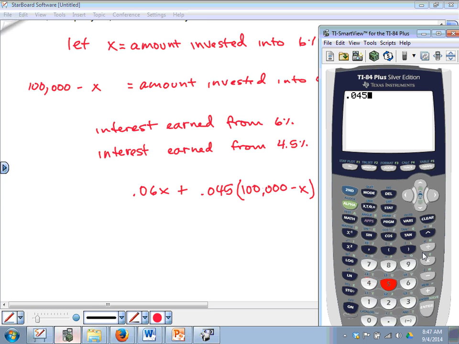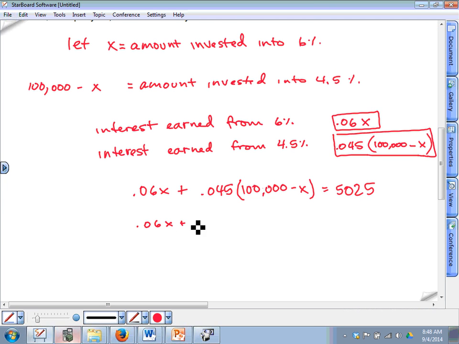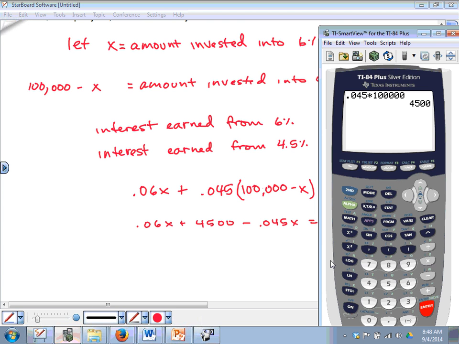So 0.045 times 100,000 is 4,500. So we have 0.06x plus 4,500 plus 0.045x... Actually, you're right, it's minus. So we have to do 0.06 minus 0.045 to combine the x terms.